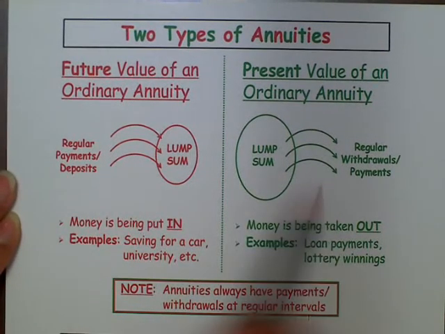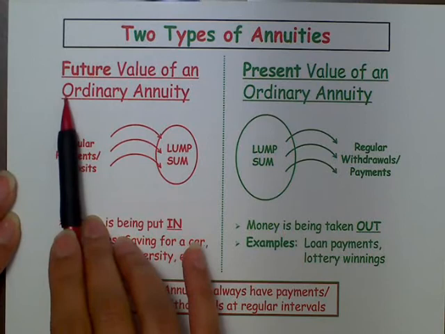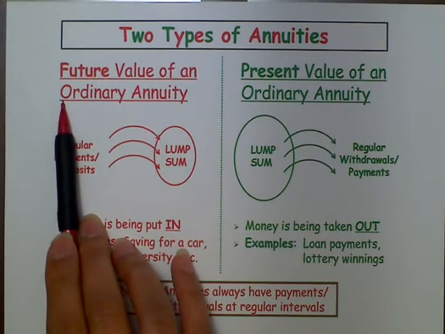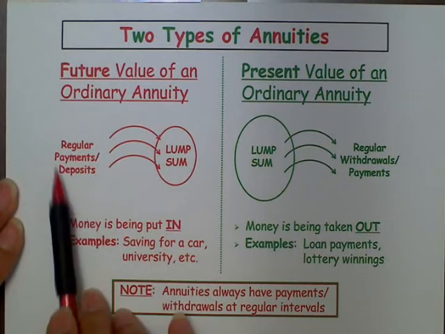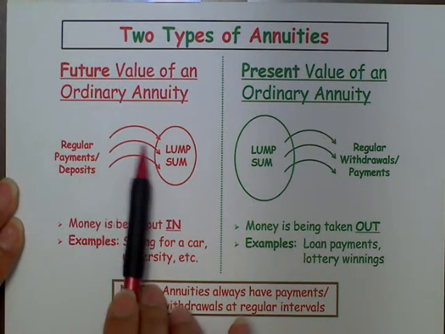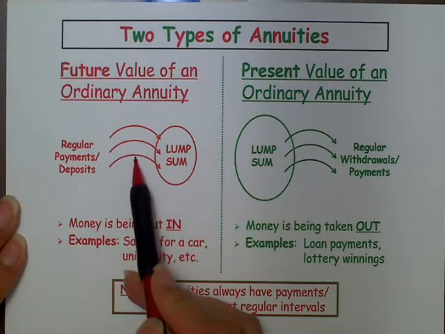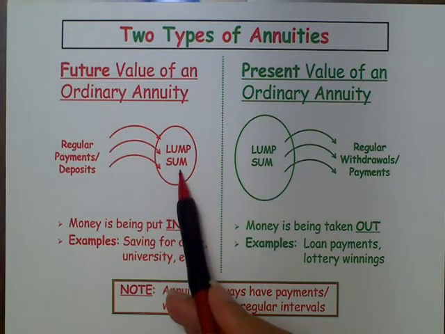In the future value of an annuity problem, right now you don't have any money saved, and you're making regular payments into an account, putting in small amounts of money so that by the end of a certain amount of time you have a huge lump sum saved in the future.